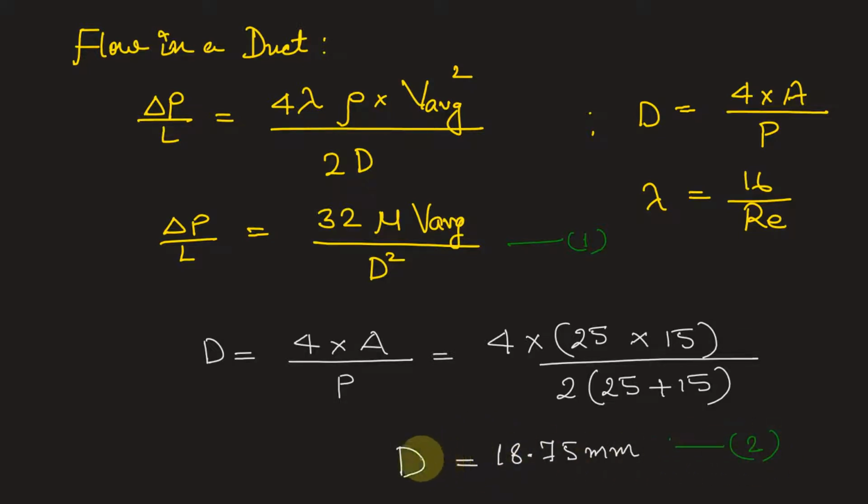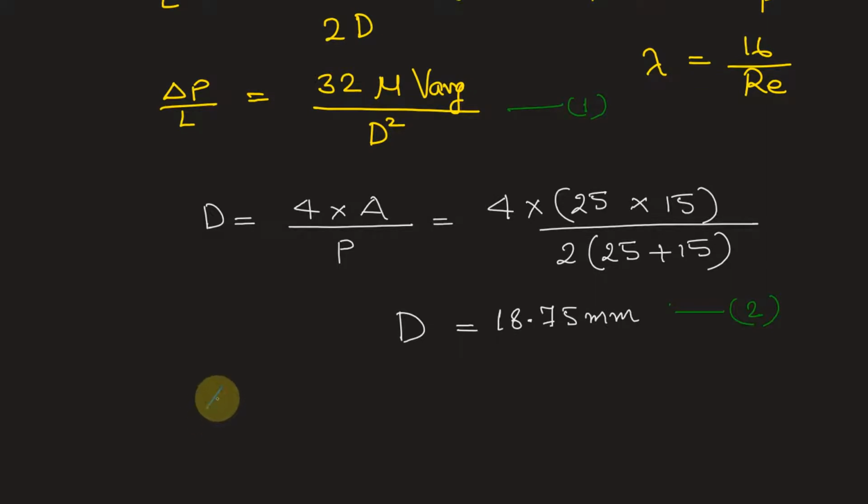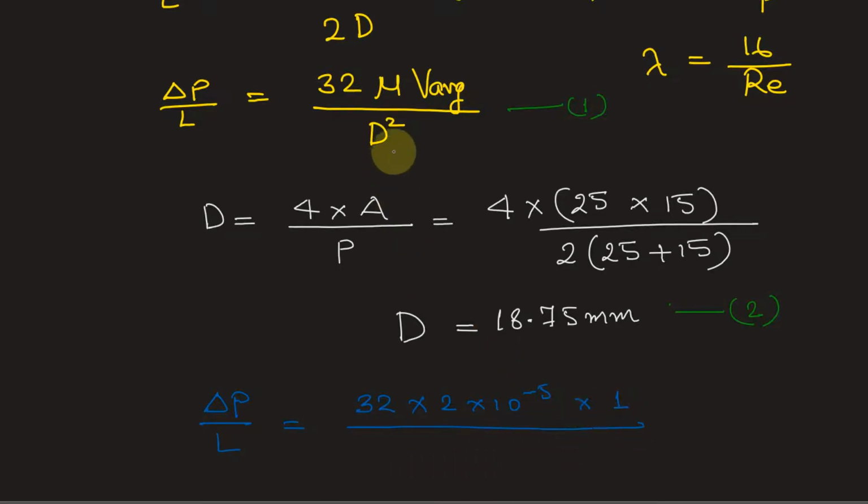Now substituting the value of d in equation number 1, we'll get the drop of pressure per unit length equal to 32 times the dynamic viscosity, which is 2 into 10 to the power of minus 5, multiplied by the average velocity, which is 1 meter per second, whole divided by d square.